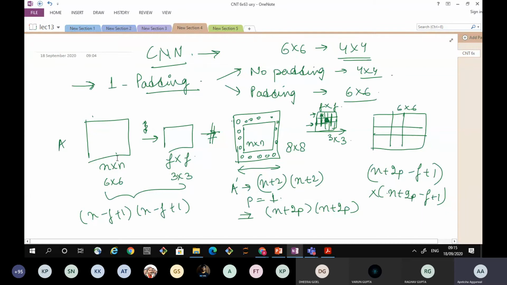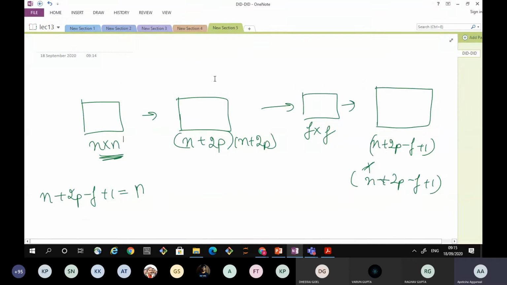I want the size of the output to not be extremely larger or extremely smaller than the input size. So basically I want my input n to be equal to the output. How much padding we should do is decided if my output size is matching with n, so that should be my p.